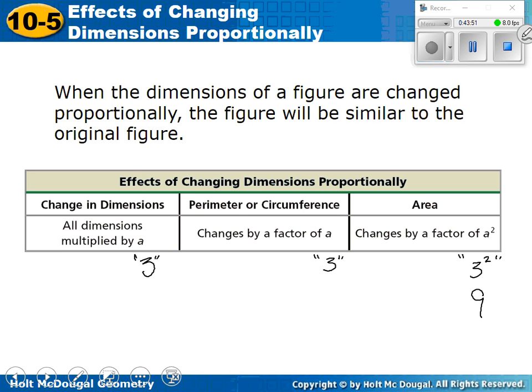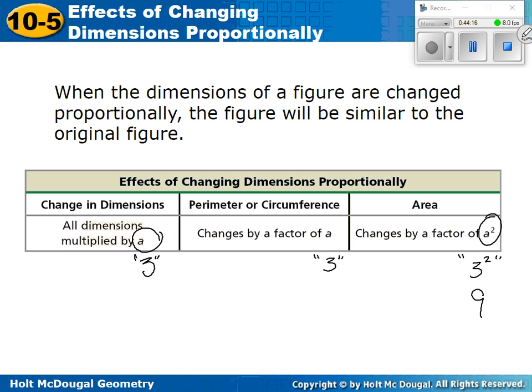They're basically telling you what the a squared value is, and they're asking you to figure out what the a value was. What happened to the dimension? If this is what happened to the area, then what happened to the dimension? So what would you have to do to this a squared in order to get a? Square root.